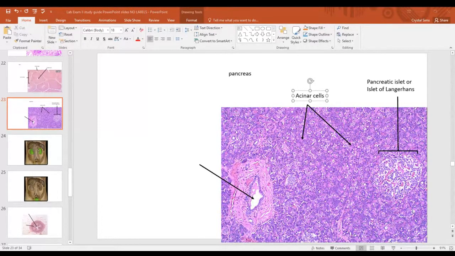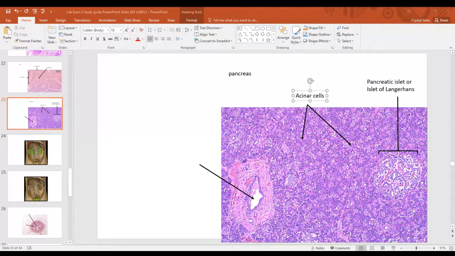This one may look a little bit different on your test. This one's stained purple. Sometimes they're stained a little bit more pink. Okay, so just kind of watch it for that. Don't necessarily pay perfect attention just to the color that's here because it may look a little bit different.